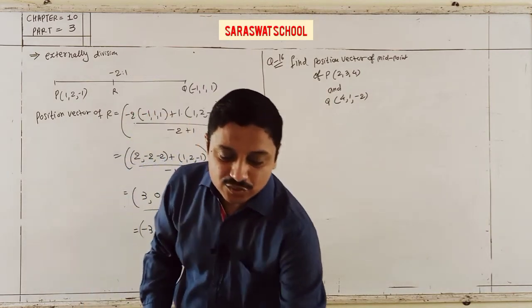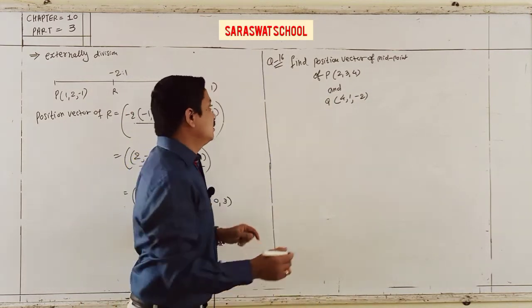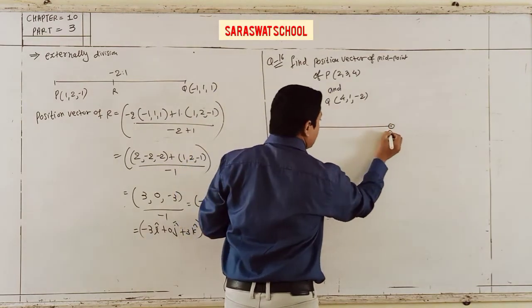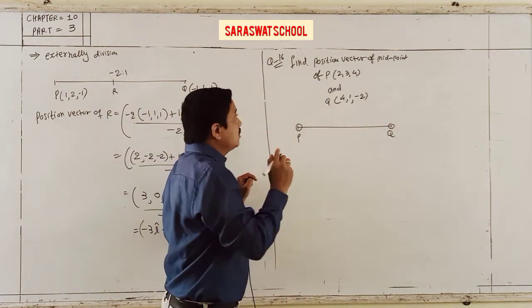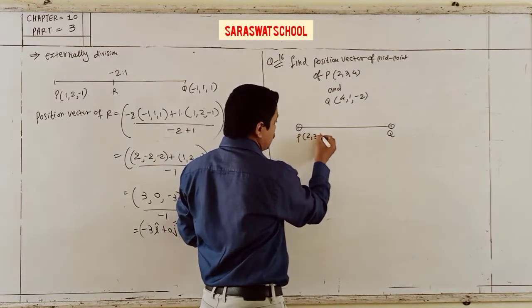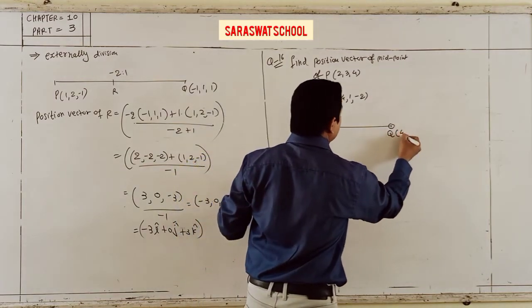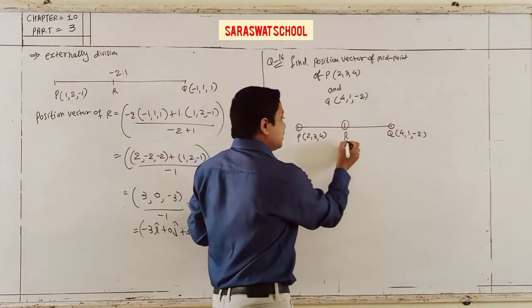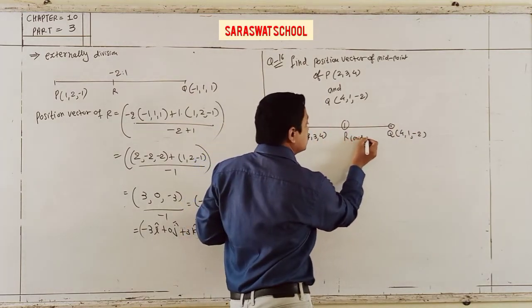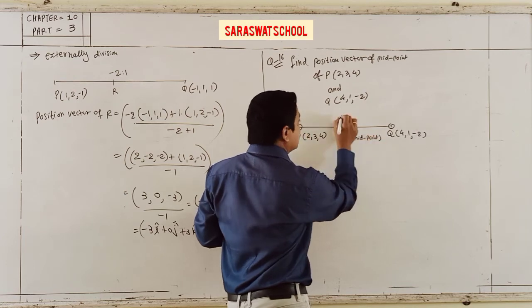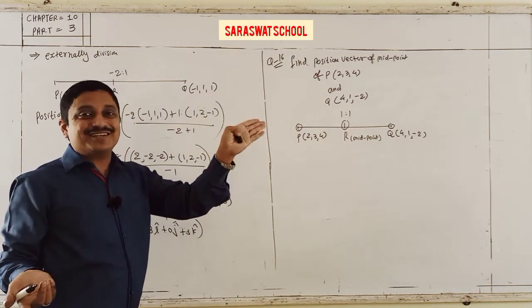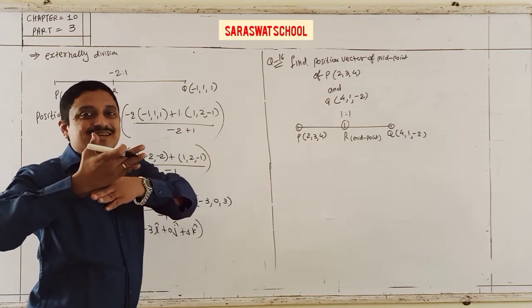Very easy. Students, first of all draw the segment P towards Q. P is 2 3 4 and Q is 4 1 minus 2, and that's the midpoint R. Consider R is the midpoint. So what is the ratio? 1:1 means the position of P plus the position of Q, by 2.